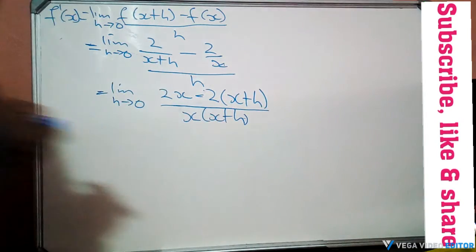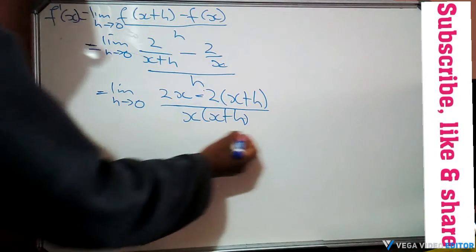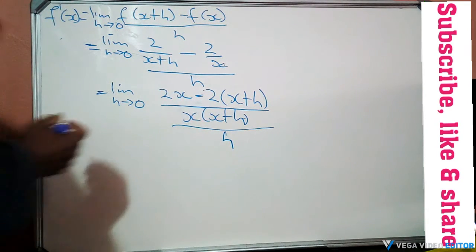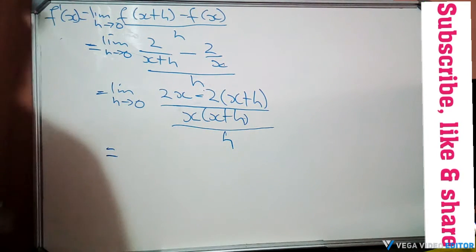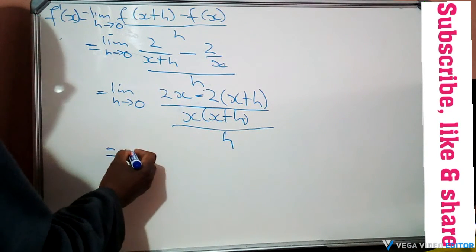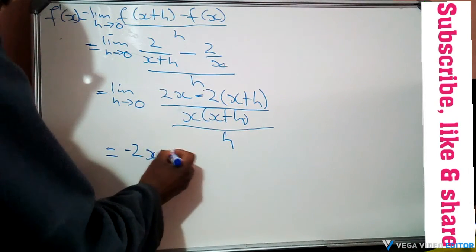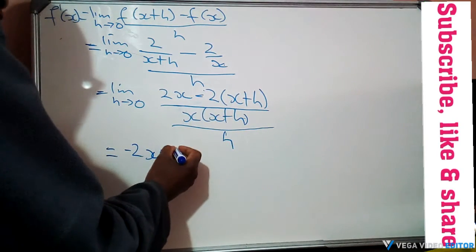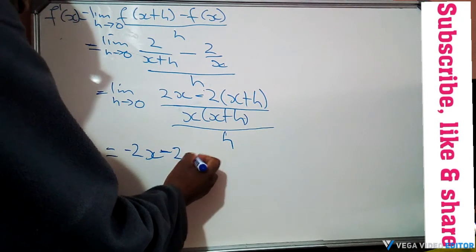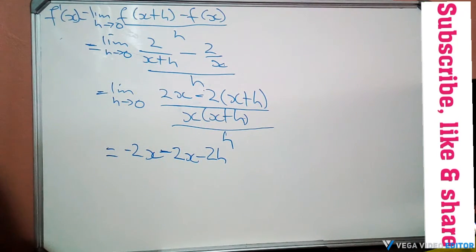And then come down, everything divided by h. When you come down here, you are going to have 2x minus 2x minus 2h.